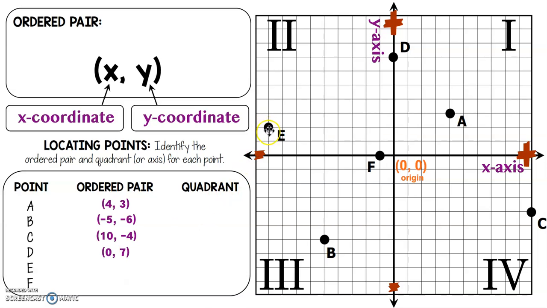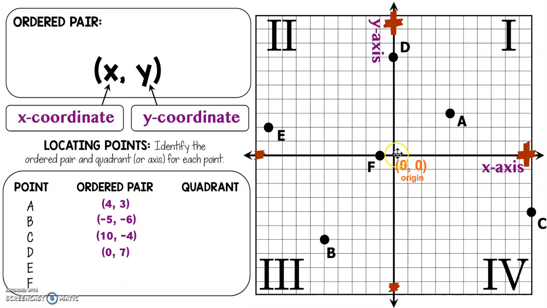All right, for E, take a look at its coordinates. From the origin, count the x value, so 1, 2, 3, 4, 5, 6, 7, 8, 9 spaces. But I moved to the left into the negative part of the x-axis, so that means my x-coordinate is -9.